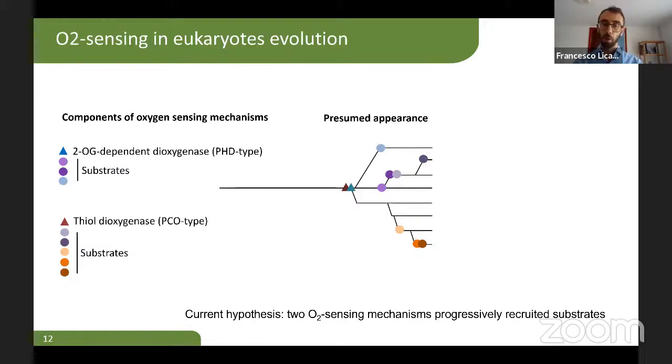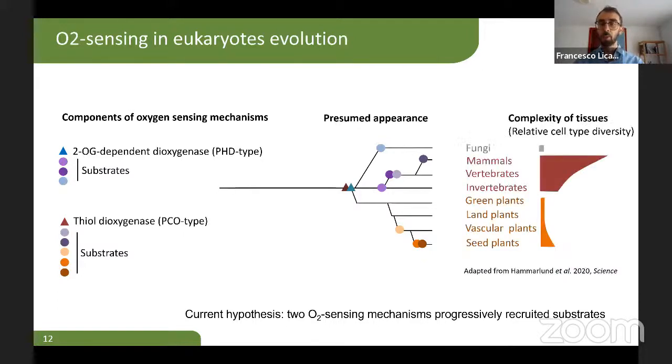But also, if we look at the different substrates of these enzymes, we see that there has been a progressive increase in this recruitment of substrates, which nicely correlates with the complexity of organisms in terms of different cell types that constitute them.